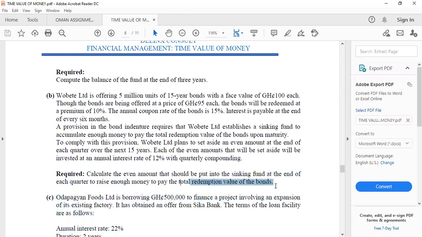We are planning to set aside an investment. What is the interest rate for the investment? Each of the even amounts that will be set aside will be invested at an annual interest rate of what? 12% with quarterly compounding.